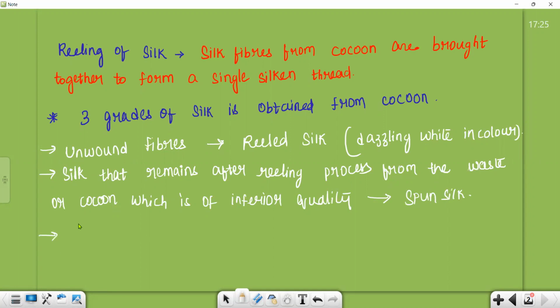And the other kind, after carding and combing, whatever short fibers are left, which are even of inferior quality, is called nail silk.